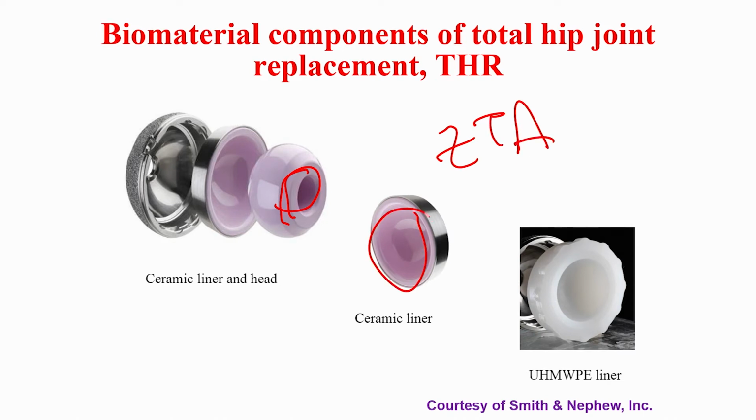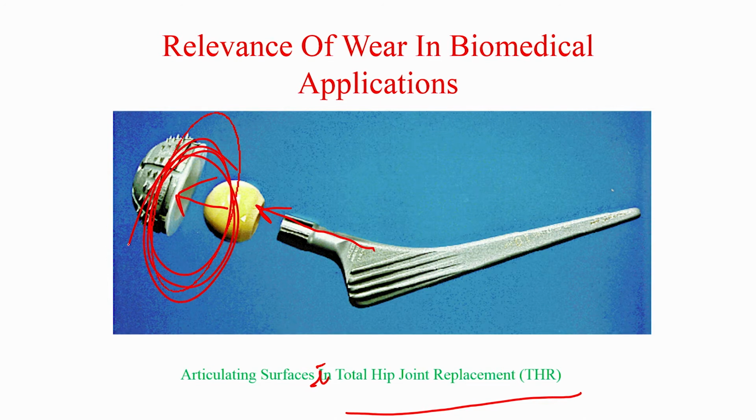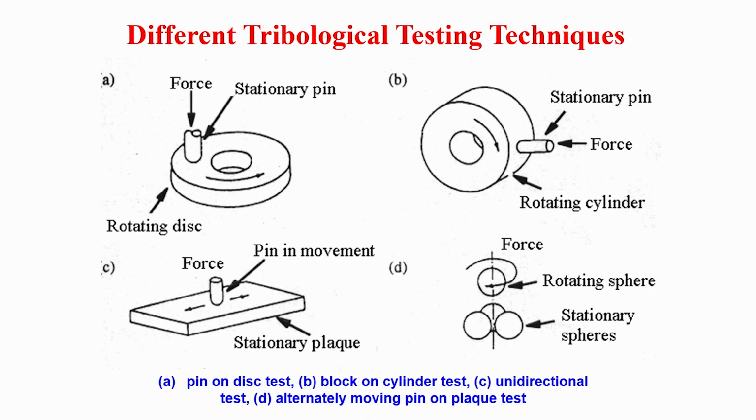This is an example of the ceramic liner, and this is the ultra high molecular weight polyethylene liner, which we have also used. These are the articulating surfaces in total hip joint replacement. The femoral stem goes inside the femoral head, and this head goes in contact with the acetabular socket. The wear properties are most important at this particular interface, the femoral head and acetabular socket.